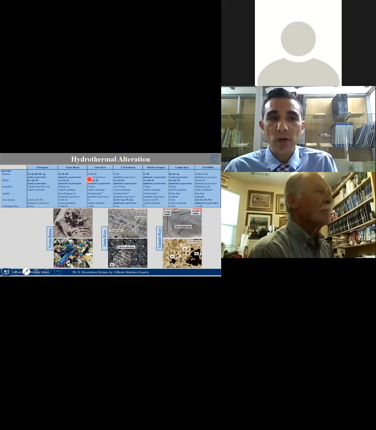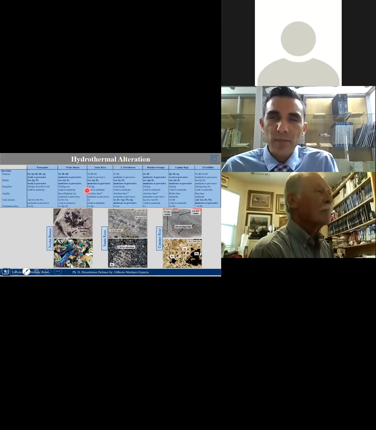So at Nochebuena, for the copper-gold mineralization, the main hydrothermal alteration associated with it is the potassic alteration overprinted by phyllic alteration, though at several levels we can see propylitic, especially in the outer parts of the system, as at Peñasquito, and in the borders of the intrusions and the sedimentary units, we can see moderate to pervasive calc-silicate alteration.